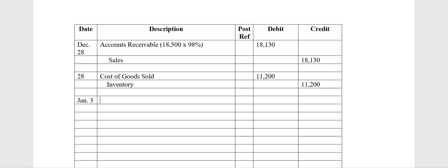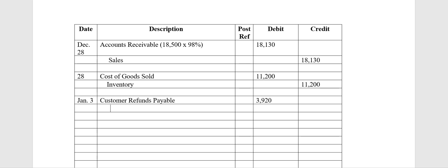The first is going to record what's happening between us as the company and the customer. So we have a customer refunds payable for $3,920. That's that $4,000 gross value minus that 2% discount.